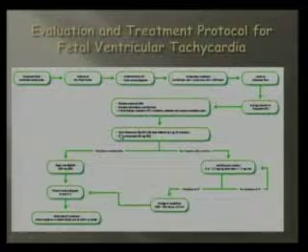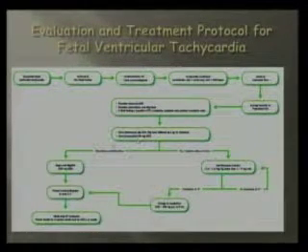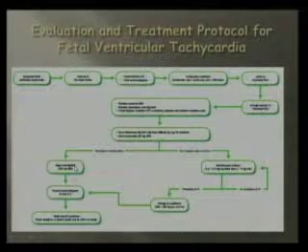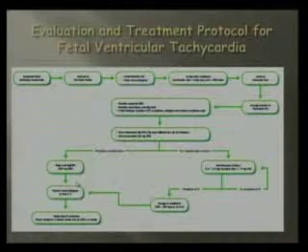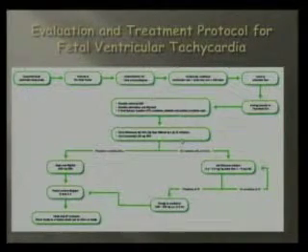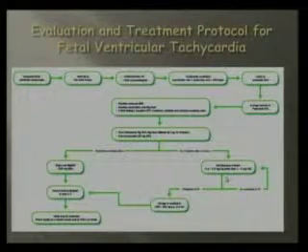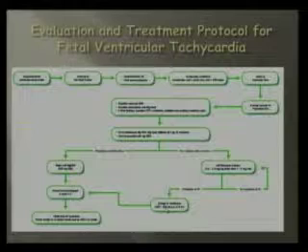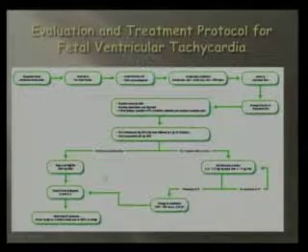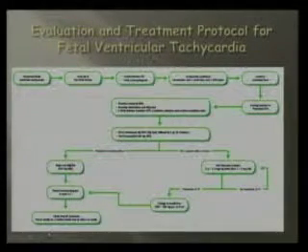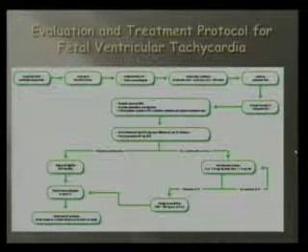But the idea is to start with magnesium and use propranolol as an oral suppressive drug. If these two don't work, there have been reports of using lidocaine. The oral analog for lidocaine is mexiletine, so if this didn't work, you'd put them on oral mexiletine.